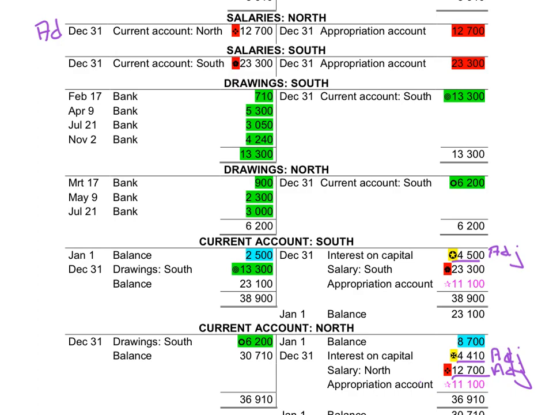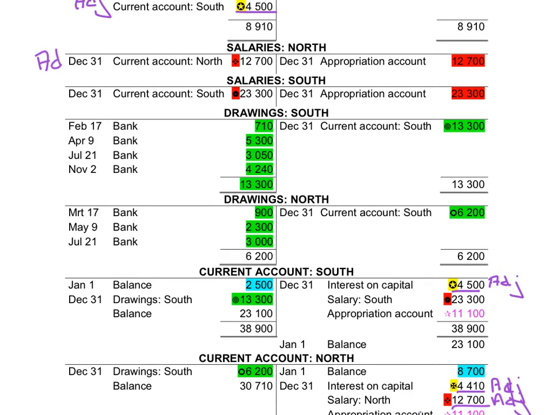We will complete the adjustment for the salary for South. We will debit the salary account to complete the expense. Expenses increase on the debit side, and we will credit the current account of South to indicate that this money is still outstanding and we owe this 23,300 to South.